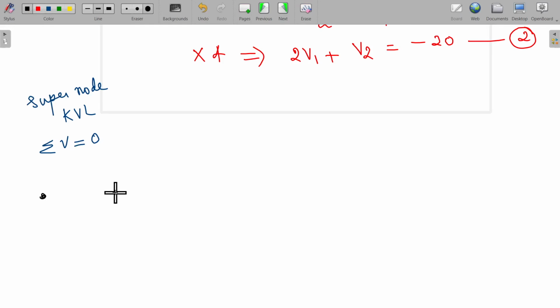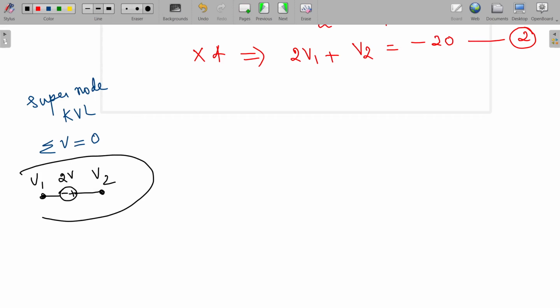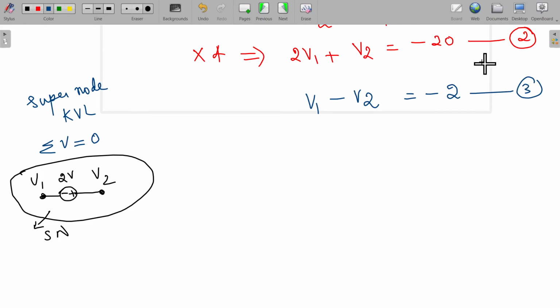So we have this node 1 and node 2 with the potentials V1 and V2, and in between these two nodes the 2 volt voltage source is available, minus plus. So this actually makes the supernode, right? To the supernode, if you apply KVL, it can be written as V1 minus V2, that is equal to minus 2 volt. So this is your third equation.